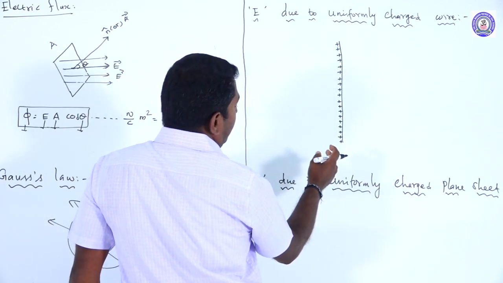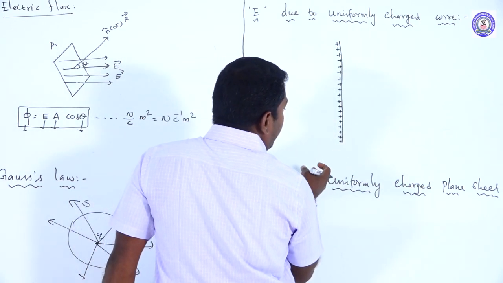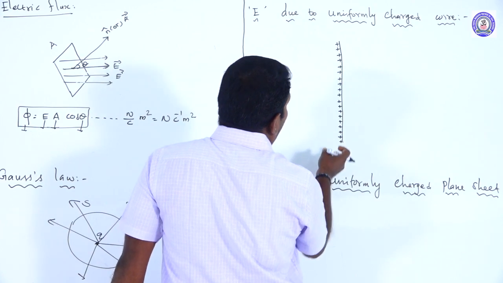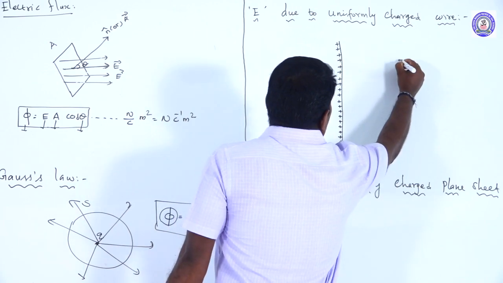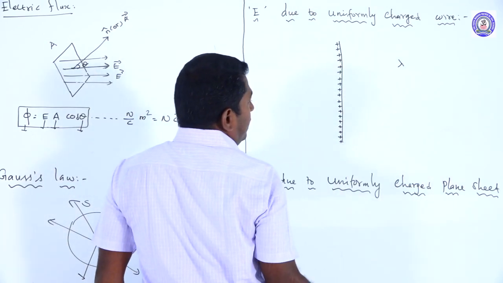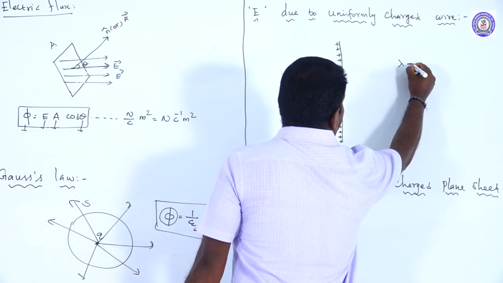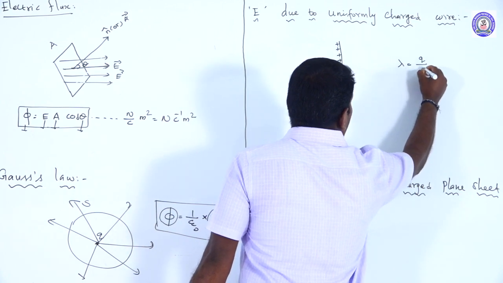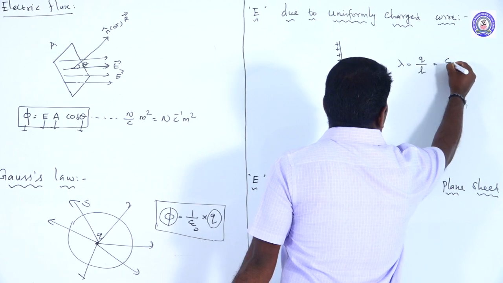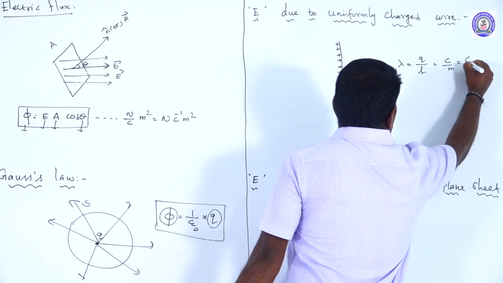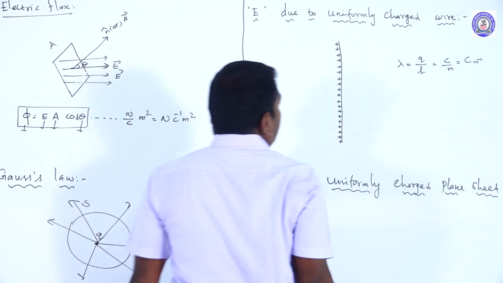The positive charges are uniformly distributed along the length of the infinite wire. Lambda is the linear charge density. Linear charge density is defined as charge per unit length of the wire. The SI unit of linear charge density is Coulomb per meter or Coulomb meter inverse.